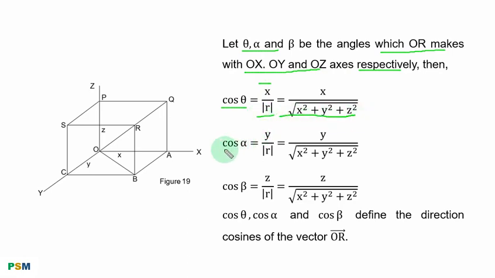The second direction cosine is the second component over the modulus. You have this result. The third direction cosine is the third component over the modulus. You have this result. Cos theta, cos alpha, and cos beta define the direction cosines of the vector OR.